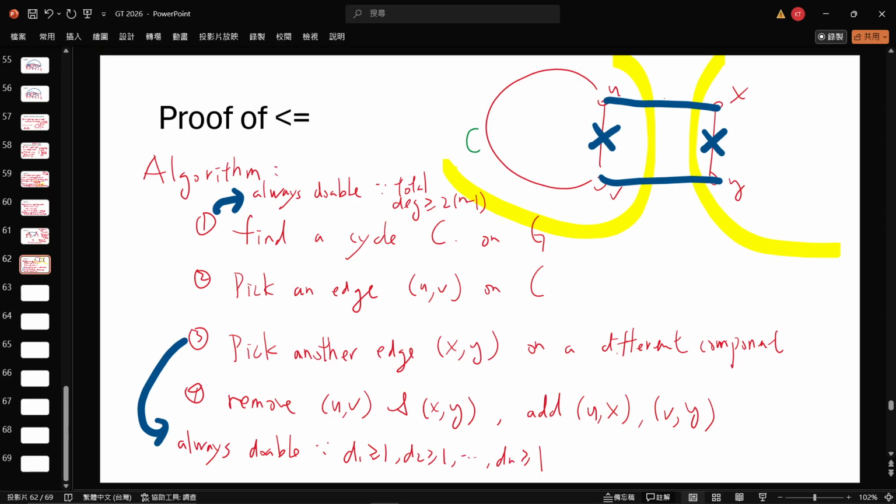Then we find another component and find any edge on the other component. And it turns out that we can always find an edge in any component as long as the degrees are at least 1. Then we can just modify or transform the graph so that we can merge the components. After doing this once, we merge 2 components. If you have more than 2 components, you just repeat this process until all the components are merged into 1. All right, so we're going to prove this.